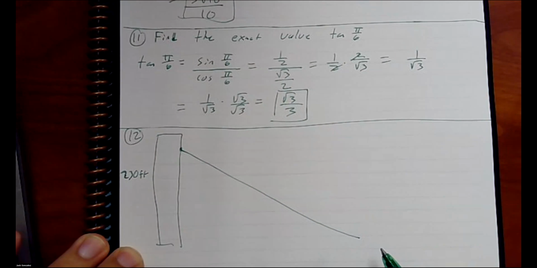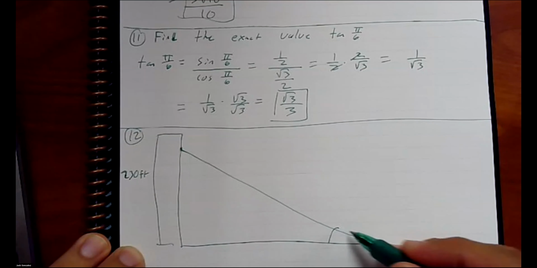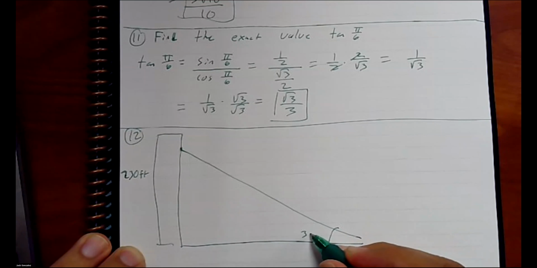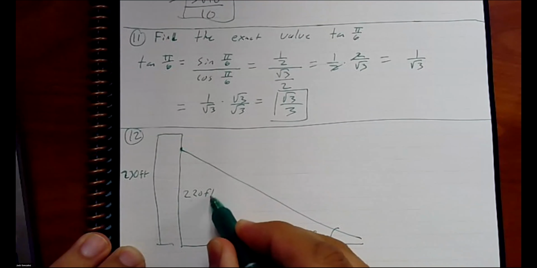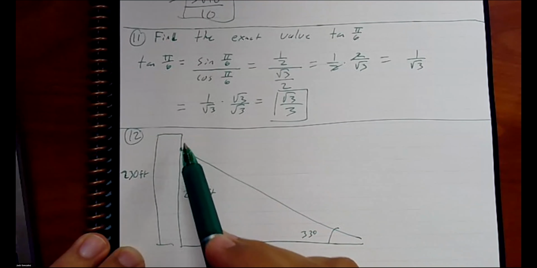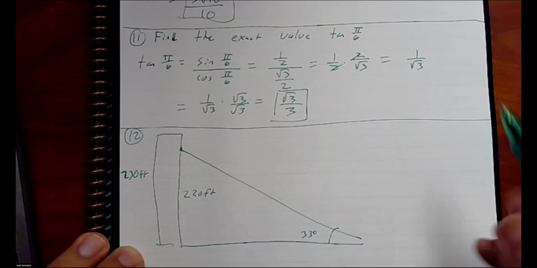We don't know how long the wire is, but we do know that when we're looking upward at it, it forms an angle of 33 degrees. And we know that this would be 220 because it's 10 feet below the height of the tower. So find your hypotenuse. Okay.